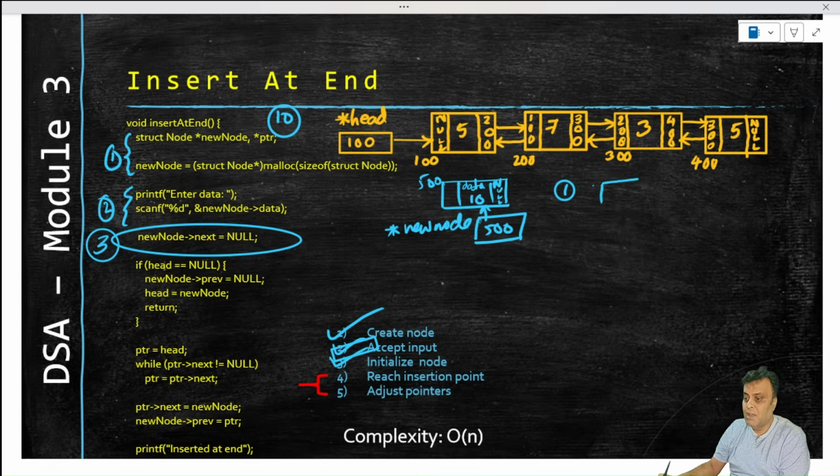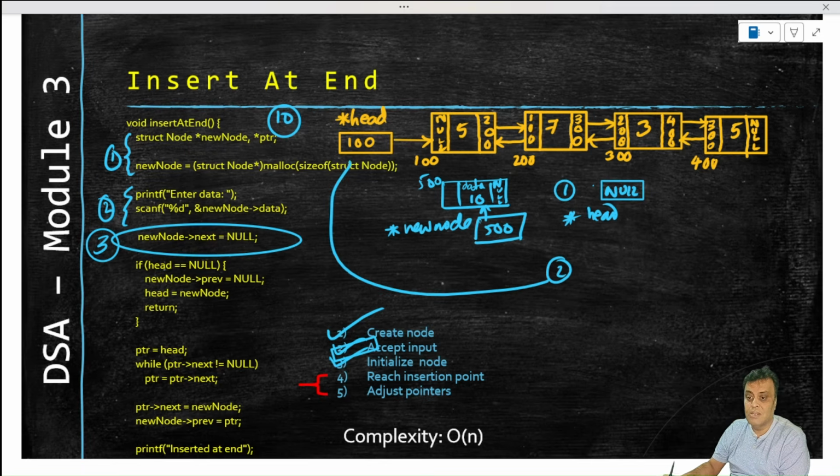That means my head, which is this, is null, means I don't have any list at all, right? So in that case, what do I do? And our second case is what you see here, right? Which is basically the case where a head has something and there is a list, valid list. What do we do there? So again, for both the things, we'll have to repeat steps 4 and 5. So let us see how do we do.